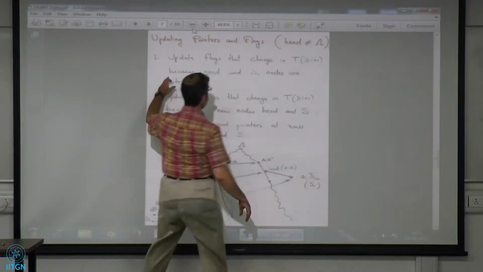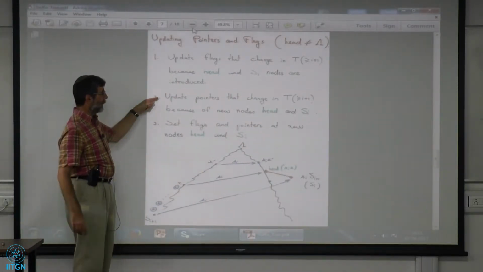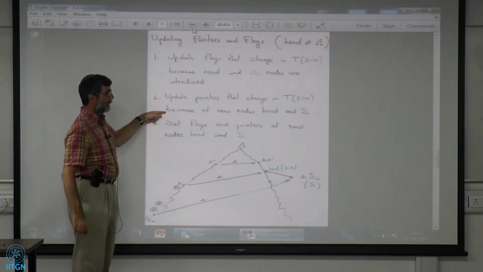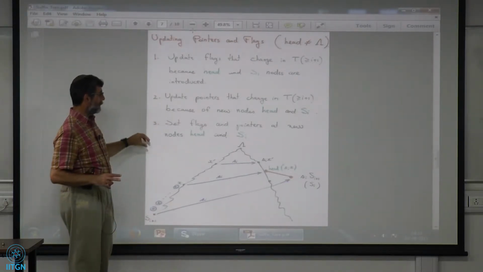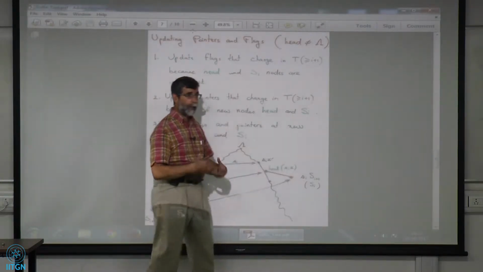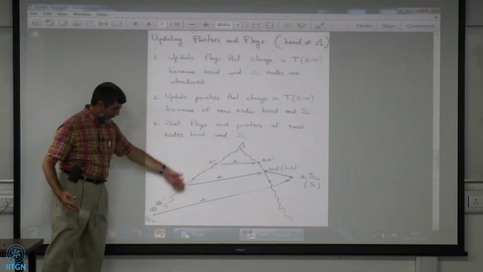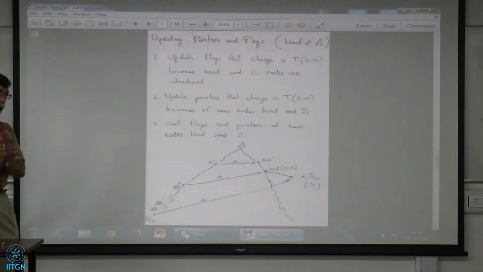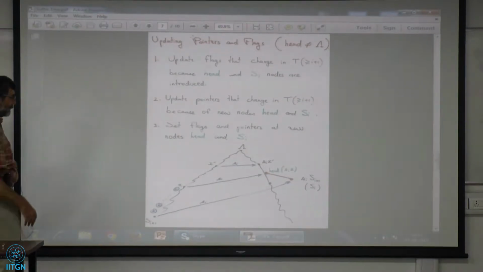We need to update the flags that change because head and Si are introduced, and we need to update the pointers that changed because of the new head and Si. So two things happened: we have new nodes. These new nodes need their flags and pointers, but we also need to fix all the flags and pointers that changed because of these new nodes. So they have theirs, and we need to change the tree to reflect whatever was added.